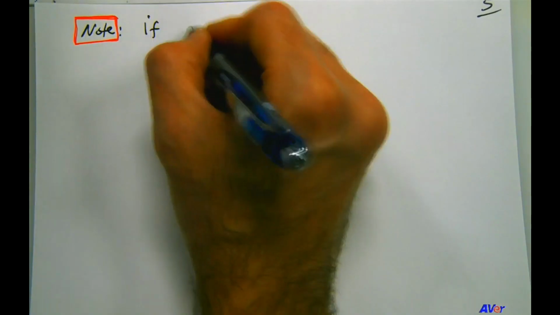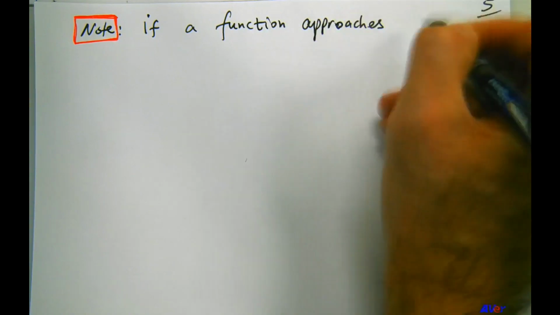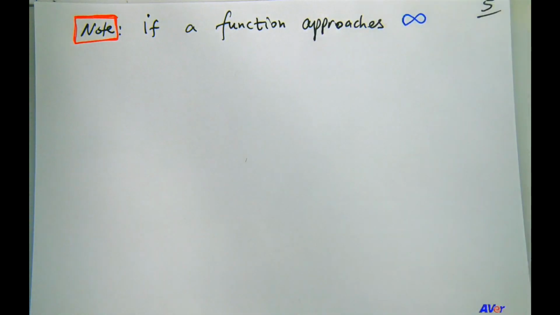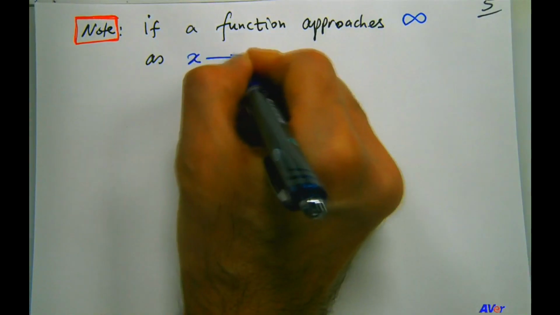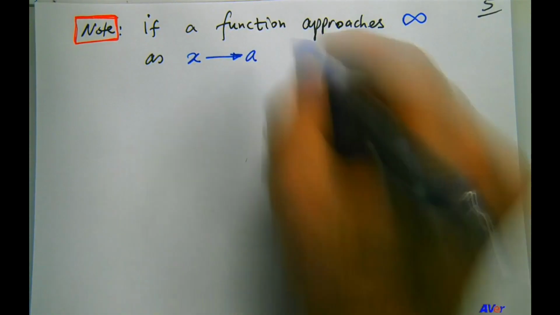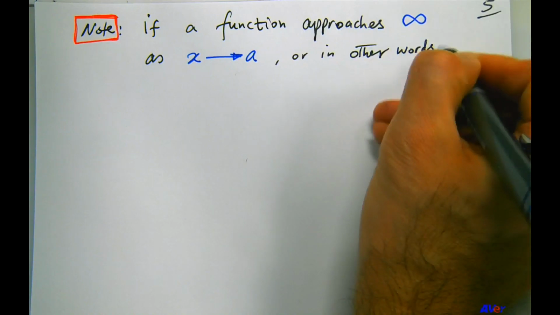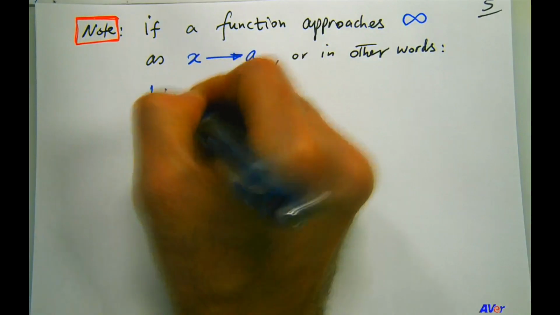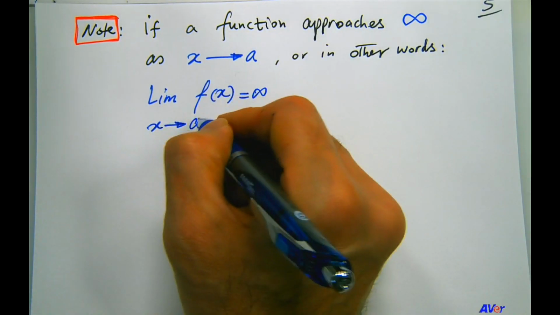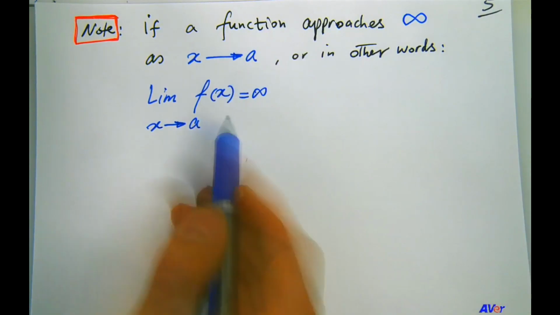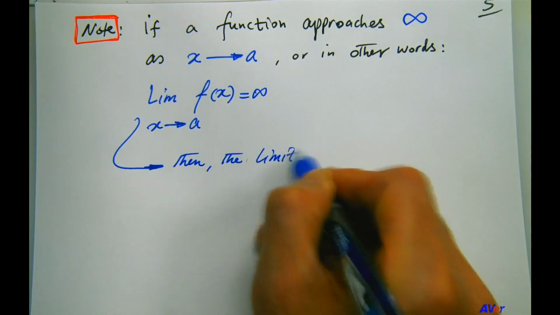So if a function approaches infinity, okay, if a function approaches infinity as x approaches some value A, or in other words, limit of function f of x equals infinity as x approaches A, then if that's the case, then the limit does not exist.